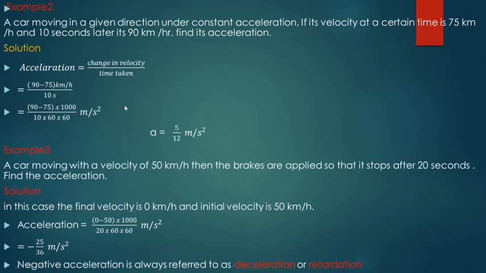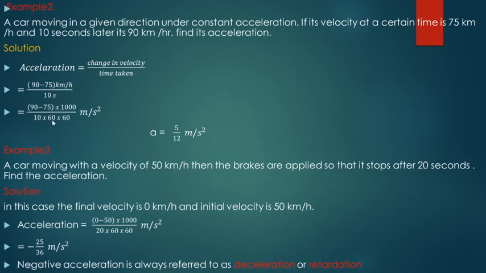For the time taken, we have to change now the kilometers per hour. We times 1,000 to change to meters. We also change the seconds into hours. 10 seconds into hours, we multiply 60 times 60. That is 60 minutes, and 60 minutes that will make 3,600.